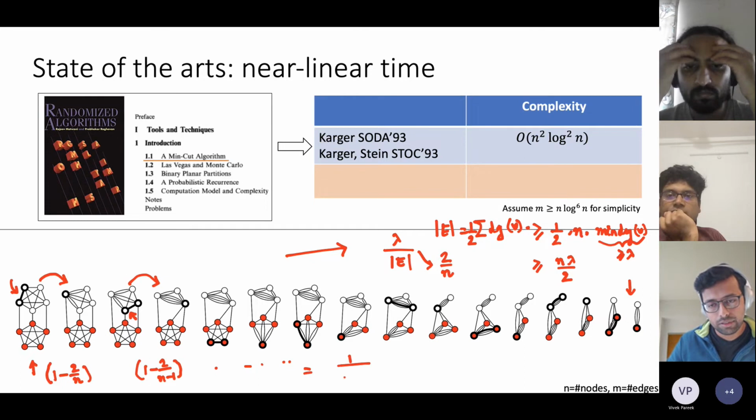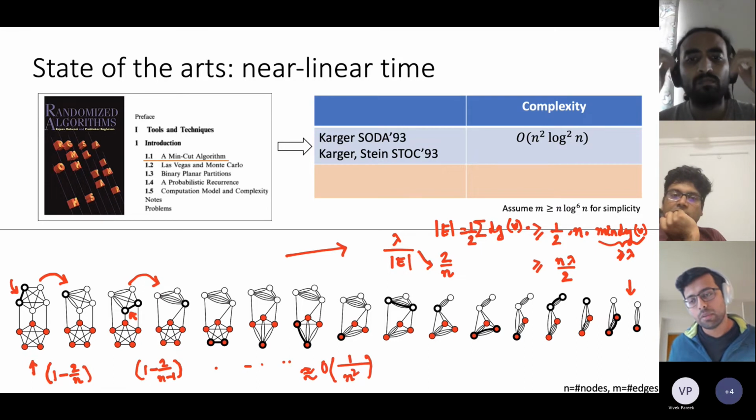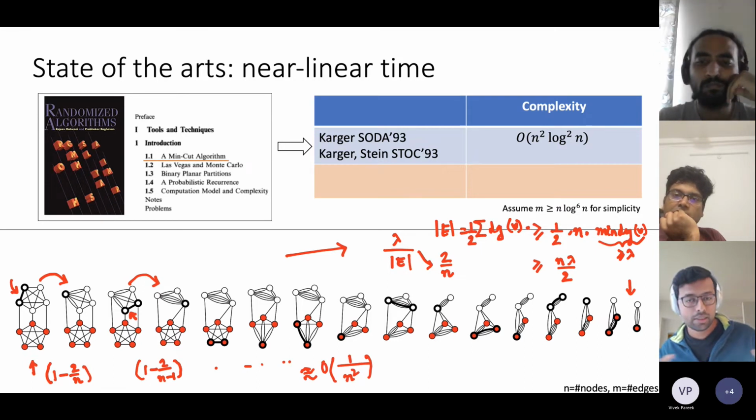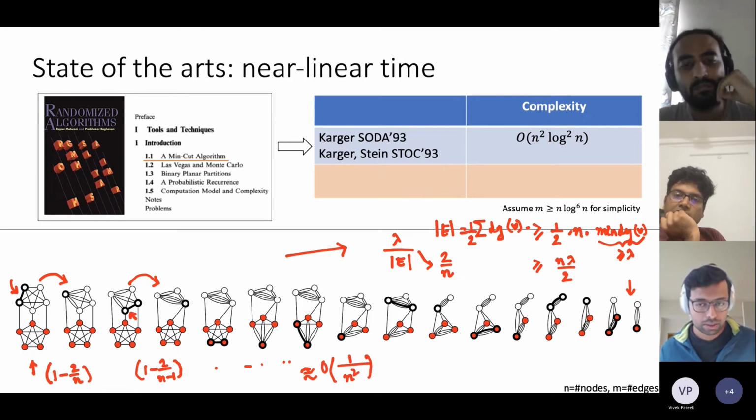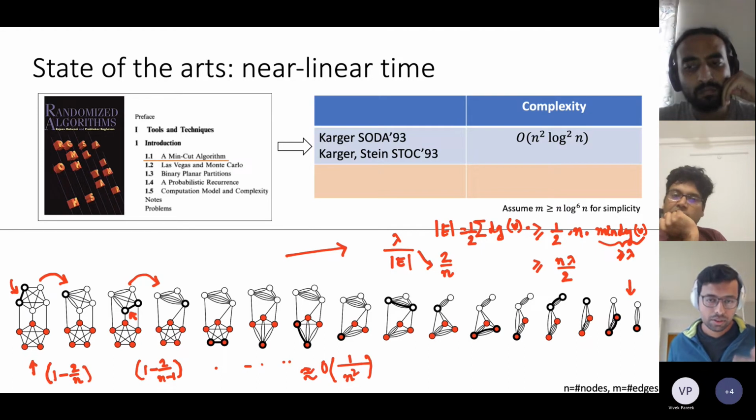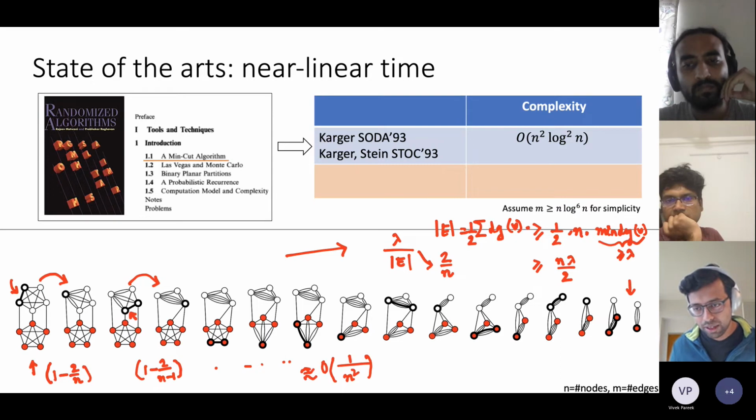So at the end, you're left with something like 1 over n squared. This is the probability that if you run this process once, the min cut will survive. So you run it n squared log squared n many times, or n squared polylog n many times, so that you get a high probability event. So that is the algorithm.